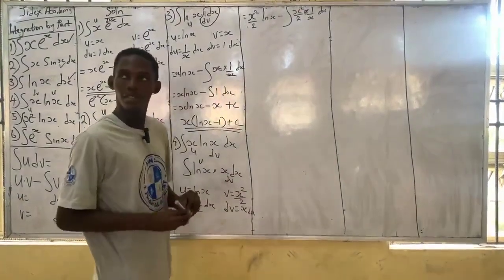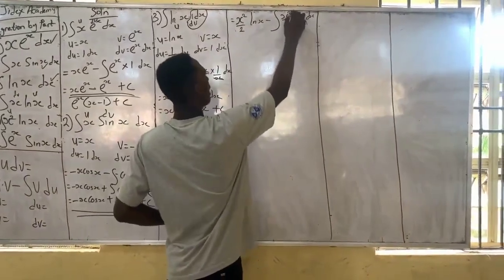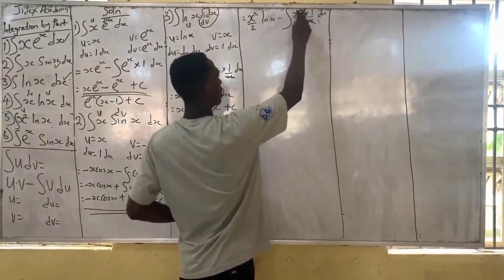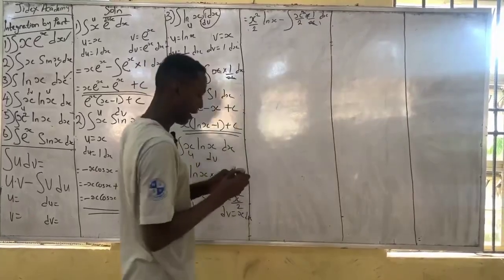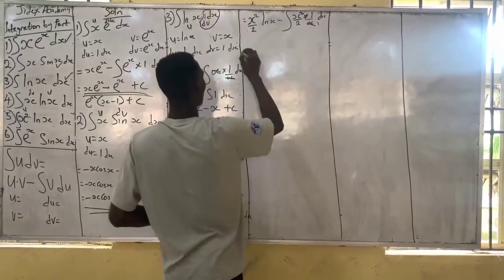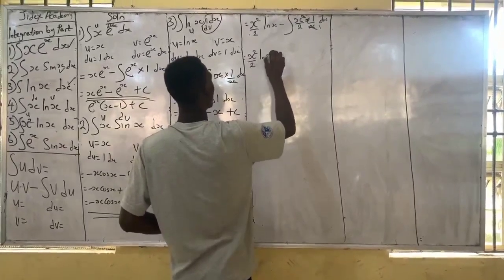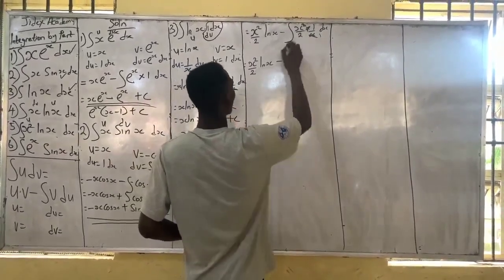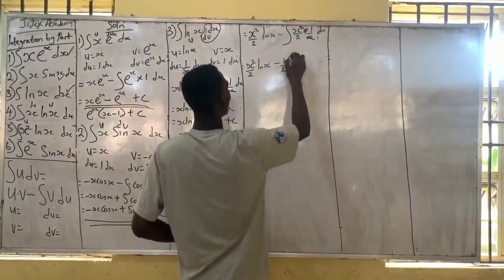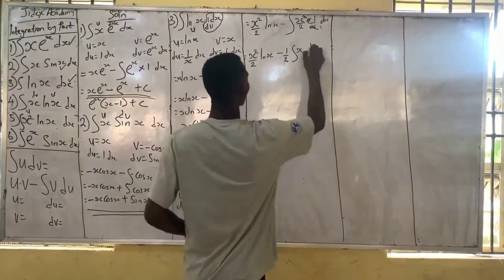Now what's next? The x here and the x here will just give us ordinary x, because once we divide x squared by x, it will give us x. Then we can take this 1 over 2 outside, so we can now rewrite this as x squared over 2 ln x minus 1 over 2 times the antiderivative of x dx.